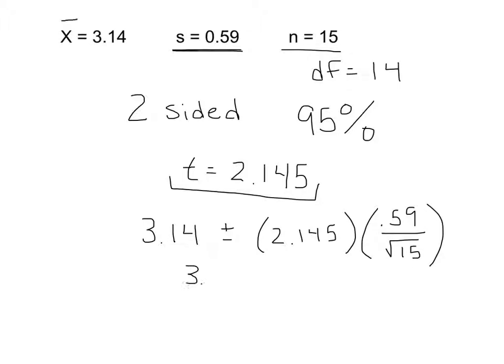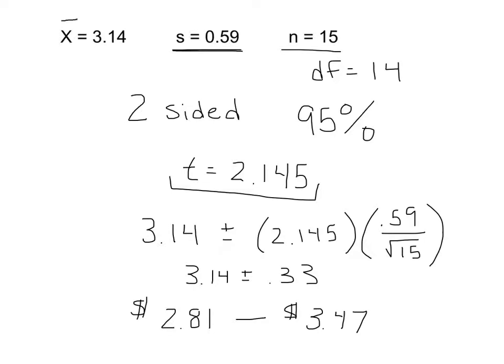This gives me an interval of $3.14, give or take 33 cents, which tells me that with 95% confidence, the true value of an average ice cream cone in this area is somewhere between $2.81 and $3.47.